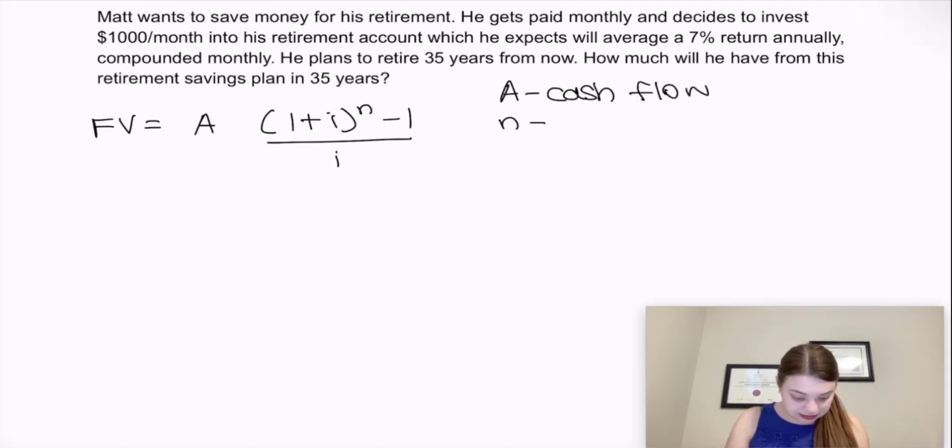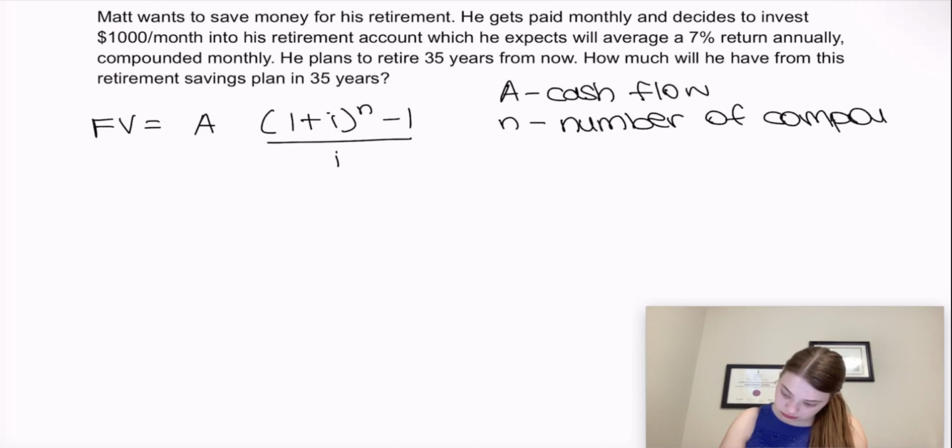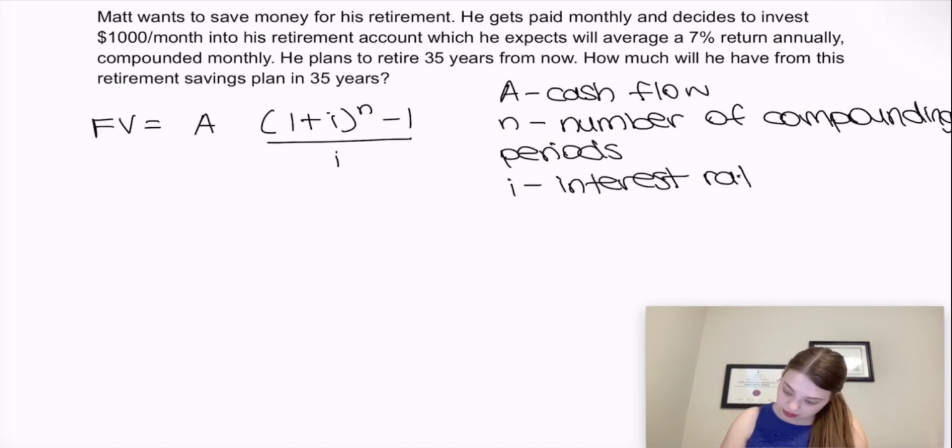N is the number of compounding periods. I is the interest rate per compounding period.